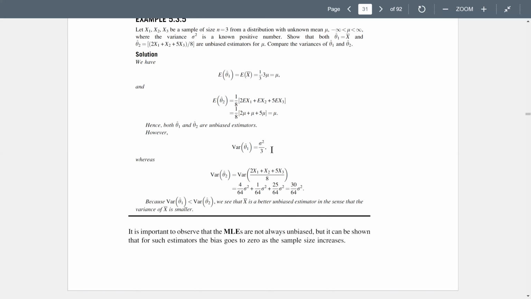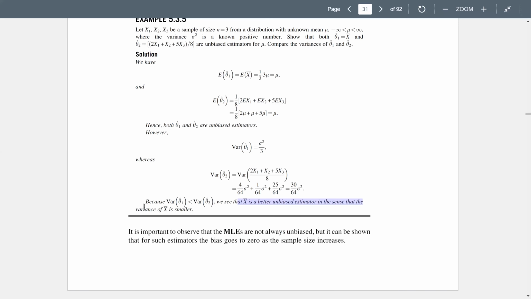But then you calculate the variance, and you will see that one is sigma square over 3, and the other one is larger. Because the first one is less than the second one, X bar is better than the second one.